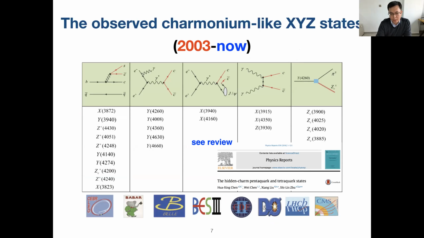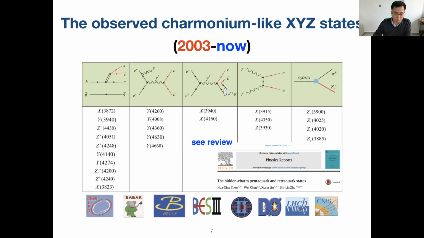In this slide, I also show some observations for the XYZ states. According to the production mechanism, we can find that there exist 5 groups. The first one is from the B decays, the weak decay.